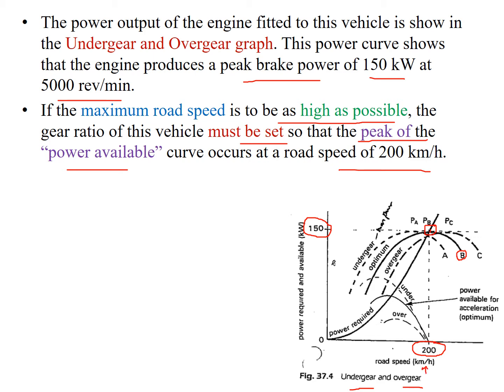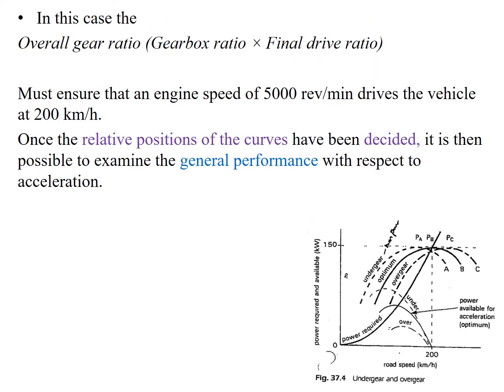This is for this model example. In this case, the overall gear ratio, the gearbox ratio times the final drive ratio, must ensure that the engine speed of 5000 RPM drives the vehicle at 200 km per hour.